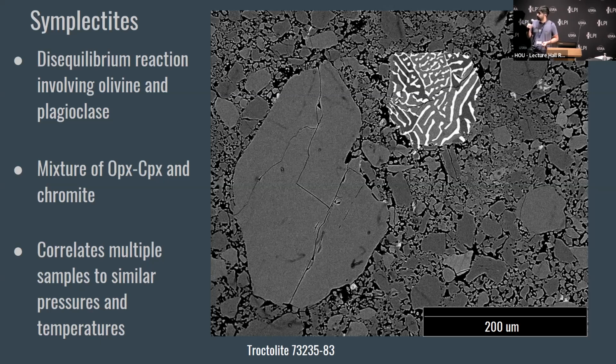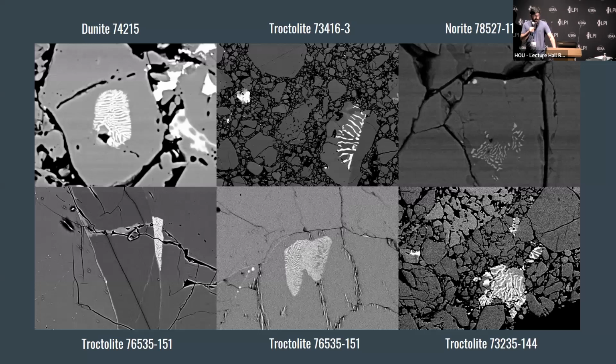These symplectites are a mixture of orthopyroxene, clinopyroxene, and chromite. And we find them in basically every rock that we've analyzed except the gabbronorite. The dunite has multiple of them, most of the troctolites also, and even one norite that also keeps a little bit of olivine in it.